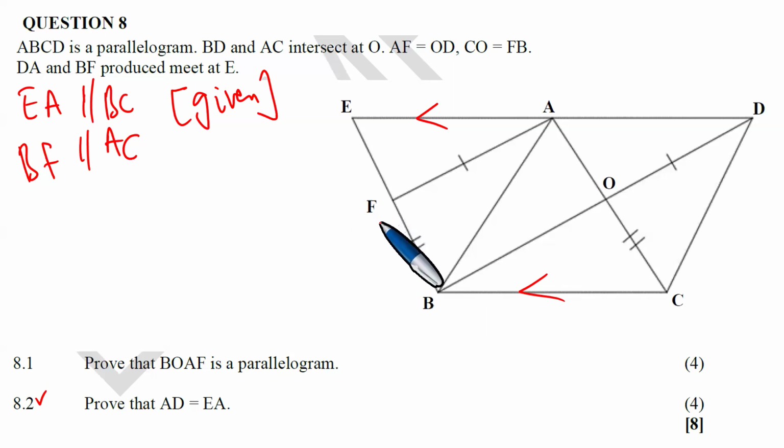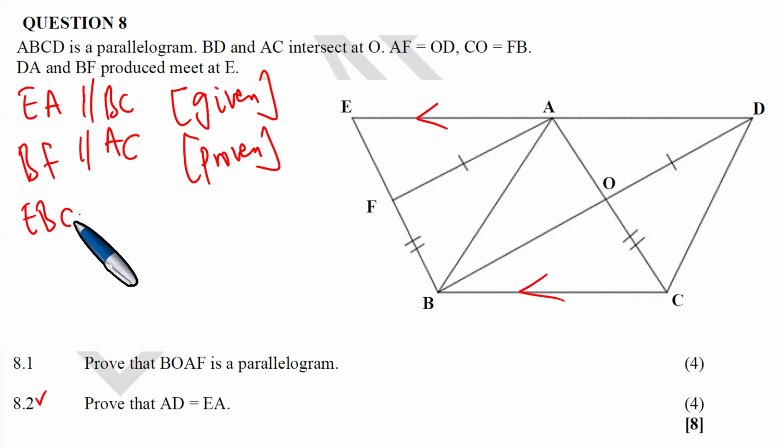BF is parallel to AC. It's proven. EBCA. Okay, if you look at EBCA, it's a parallelogram. Two pairs of opposite sides parallel.